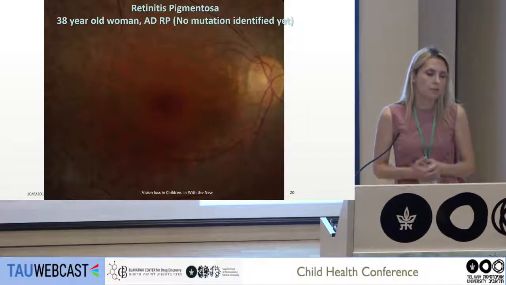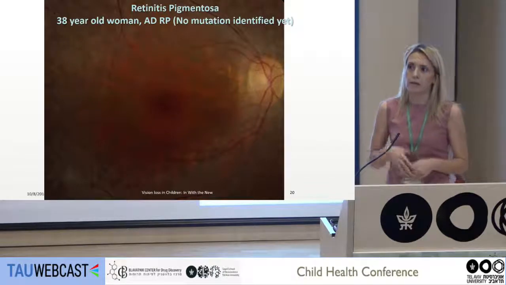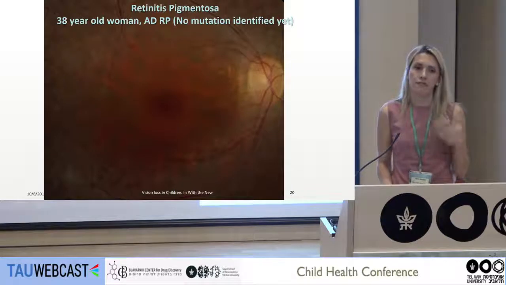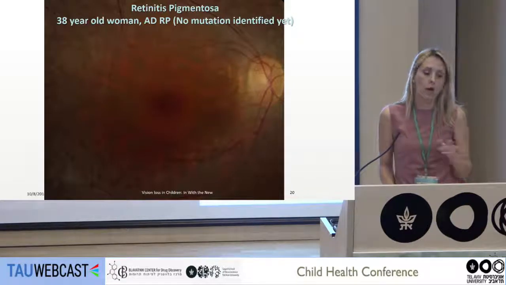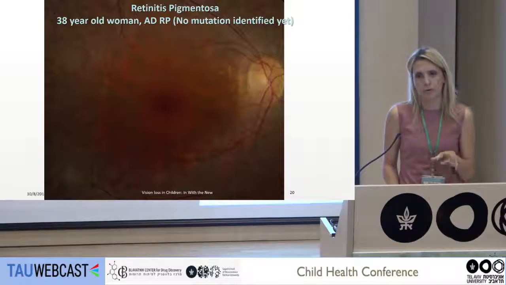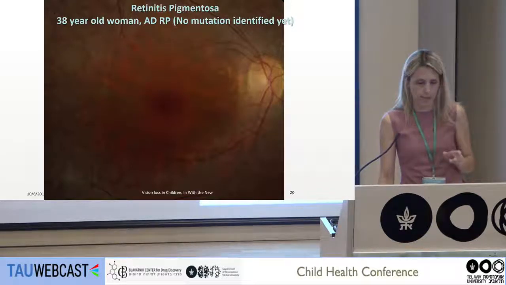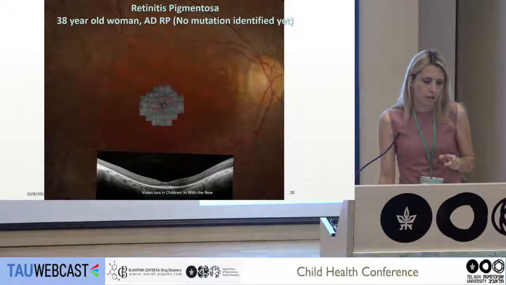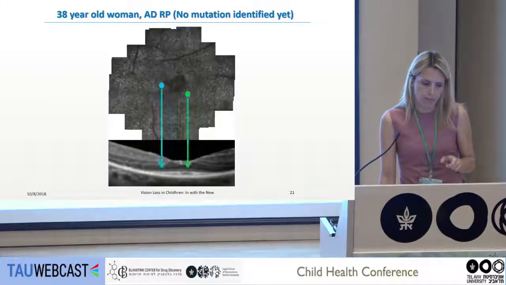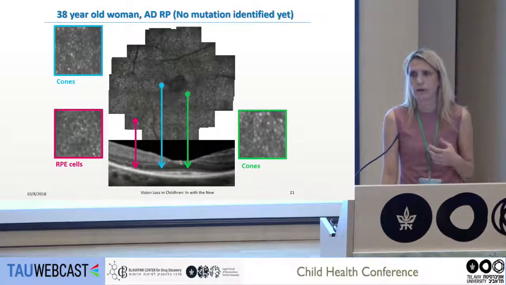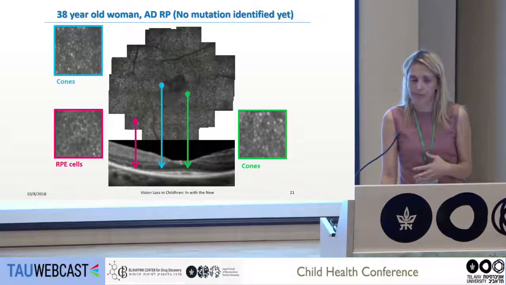Here's a young patient with retinitis pigmentosa, a retinal degeneration characterized by progressive degeneration of rods, eventually followed by cone loss. Perhaps you can appreciate the widespread atrophy of the photoreceptors and the RPE around the macular center. Adaptive optics imaging shows remaining photoreceptors in the very center, whereas in adjacent retinal areas, the photoreceptors have degenerated and we're actually seeing surviving RPE cells.